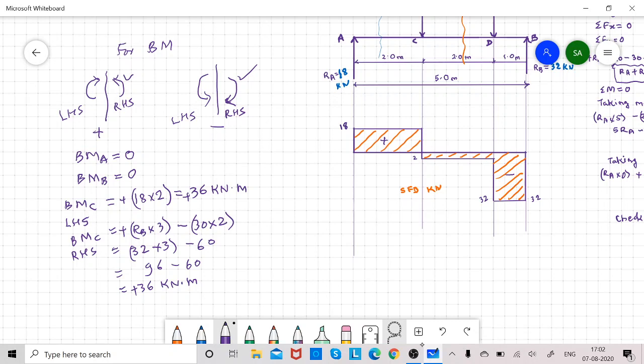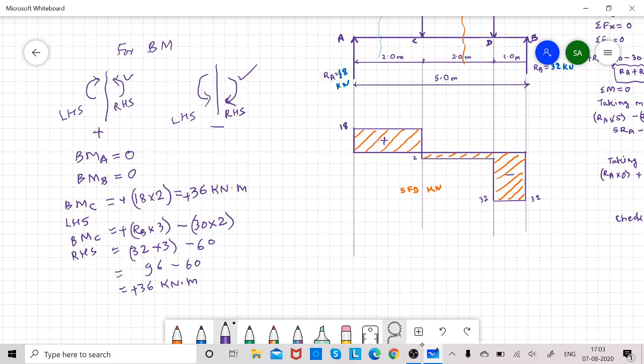I will repeat, if you consider the left hand side of C, there is only one force, Ra into 2, Ra is 18, 18 into 2, that is 36 kilonewton meter. But if you consider right hand side of C, there are two forces, Rb into 3, that is anti-clockwise on the right hand side, so positive, minus 30 into 2, that is the moment of that 30 kilonewton load.